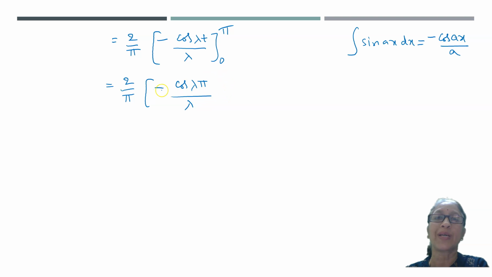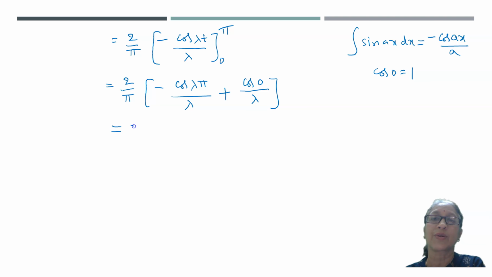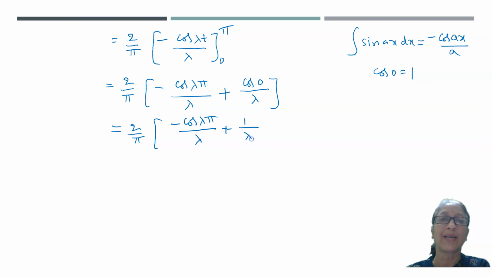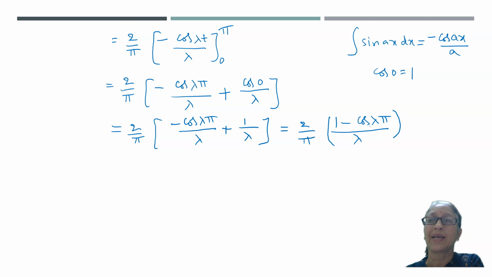When you apply the lower limit, the sign changes, so plus cos 0/λ, and the value of cos 0 is 1. So we get 2/π times (−cos(λπ)/λ + 1/λ). Taking the LCM, you get 2/π times (1 − cos(λπ))/λ. This is b(λ).